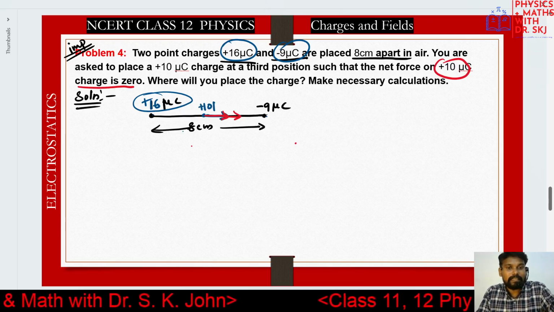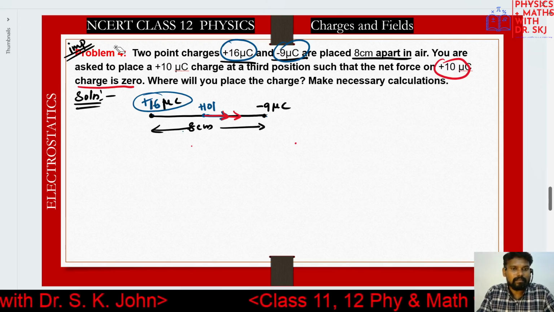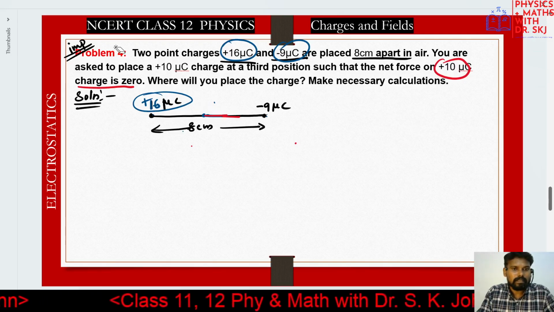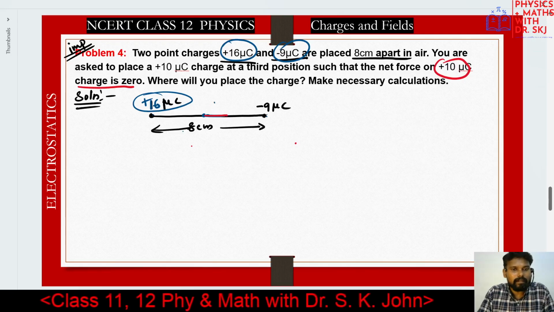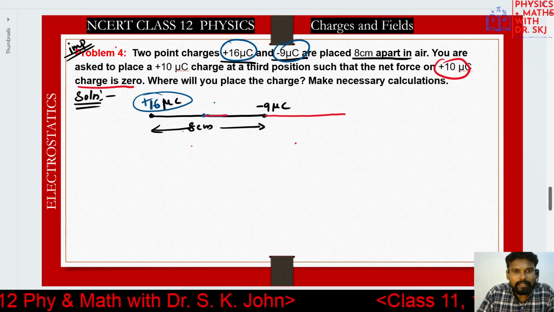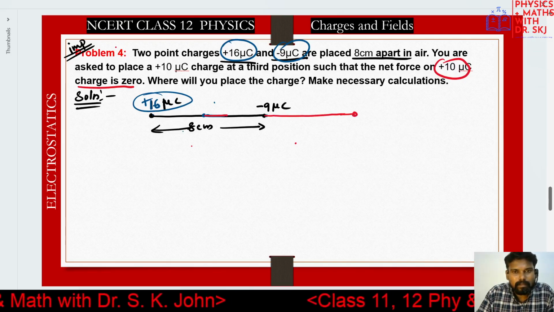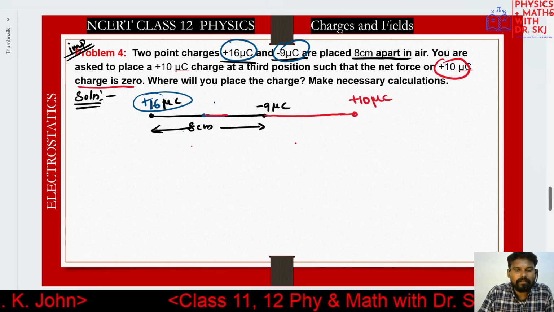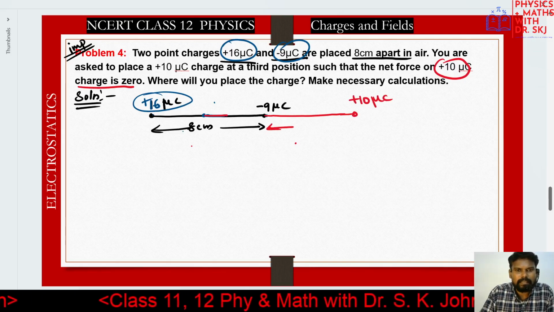The next option is that it can be placed somewhere on this line. Let that plus 10 microcoulomb charge be placed here. Let this distance be x or y, you can take.